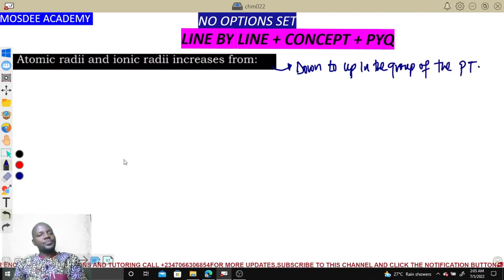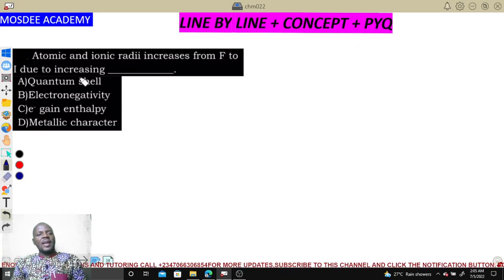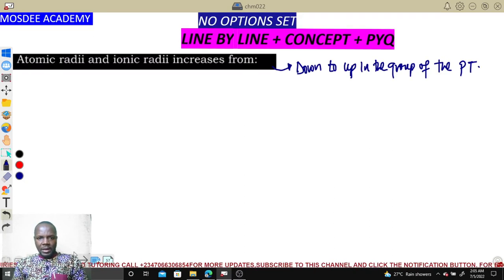The next question says atomic radius increases from fluorine to iodine. Please note that it is due to the increase in the number of shells. Let me correct myself, I hope I did not make a mistake in the concept I'm explaining.